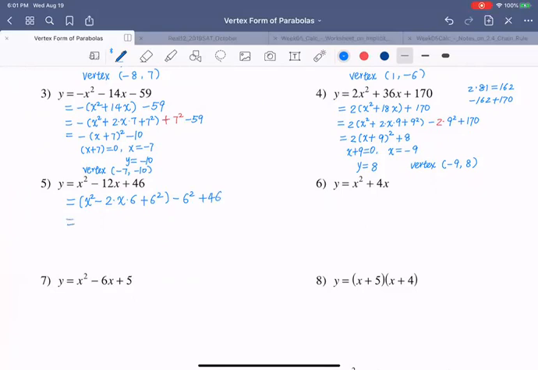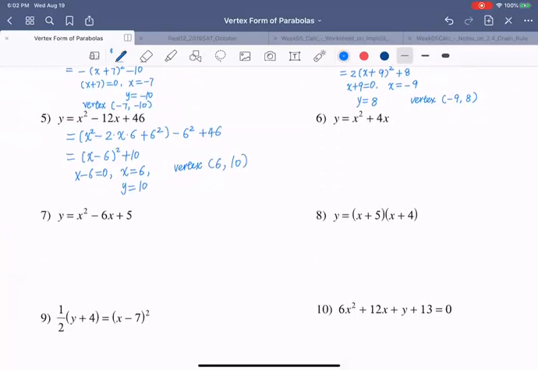So then it's x minus 6, parentheses squared, plus 10. Vertex. So then it's x minus 6 equals 0, so x equals positive 6, and then y equals 10. Good. Vertex is 6, 10, right? Yes. Good. That's very good.